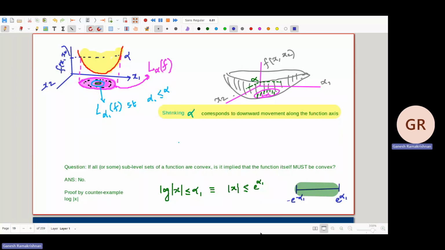Yeah, I made a mistake. Thanks for the correction.